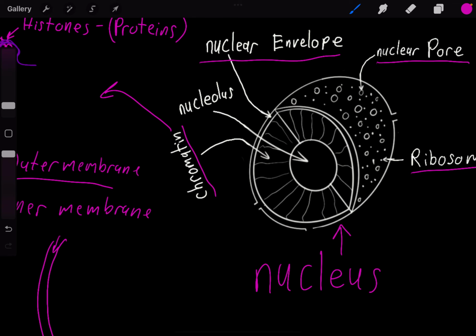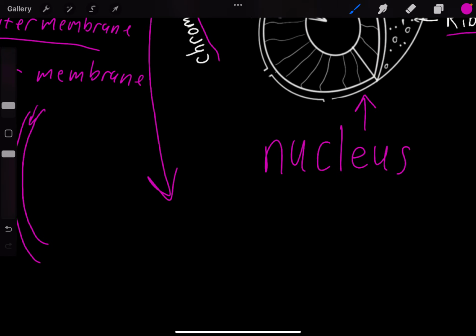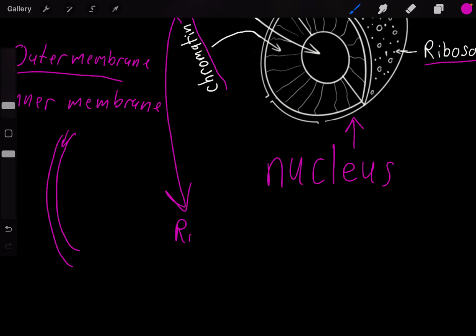Next and last thing is the nucleolus. The nucleolus is where the ribosomes are made, or synthesized.